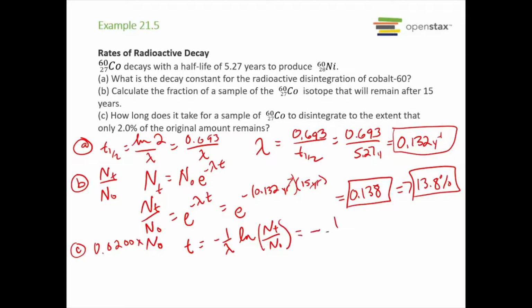So this is negative 1 over 0.132 inverse years times the natural log of 0.0200 n naught over n naught. Because remember, we don't actually know what n naught is, but when we do this, we see it divides out because we're just looking at a fraction of it. And so then this becomes 29.6 years.